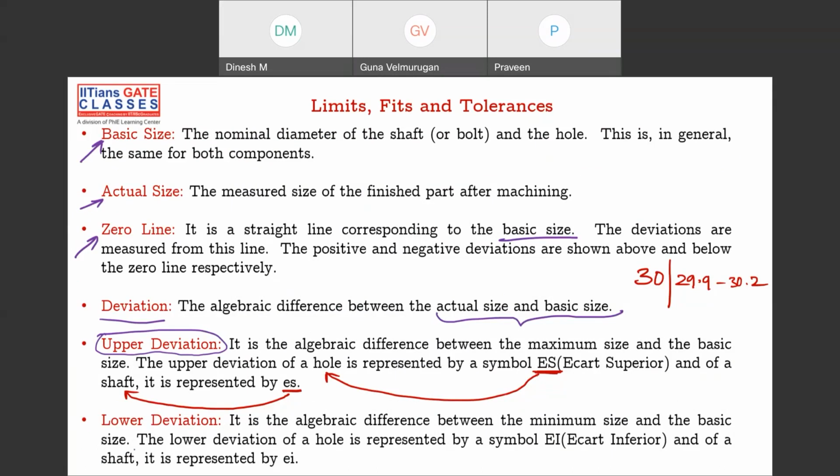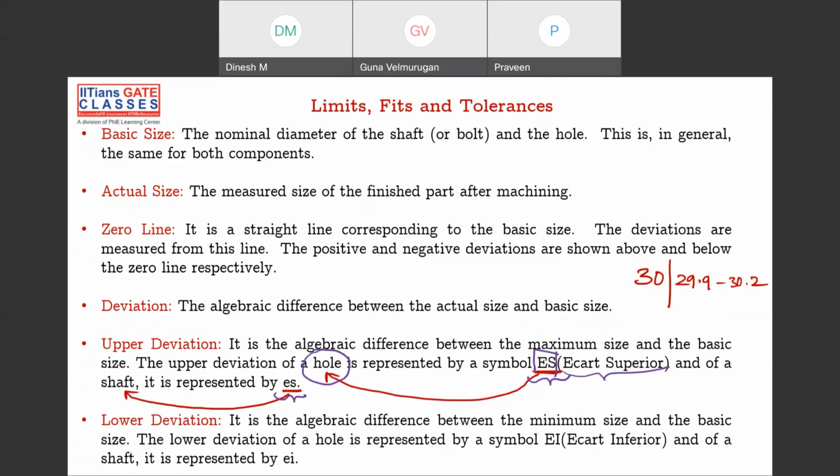Now the important thing you have to remember here is ES and small es. Something is written in capital, something in small. ES means Ecart superior, it's some language, I don't know. Capital letters represent a hole.